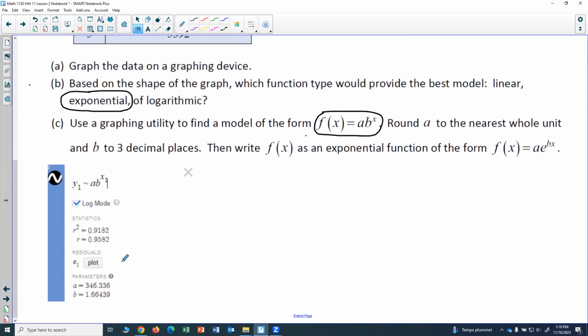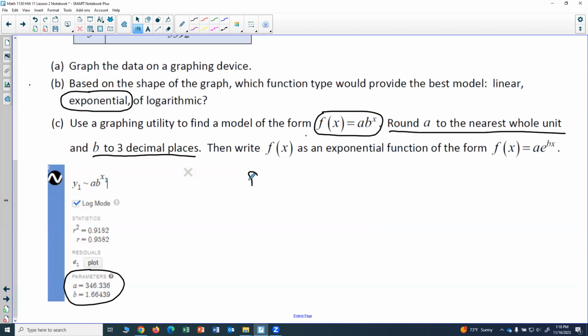Okay, so I have y1 equals a times b to the x1, and I see that a is 346 and b is 1.664. They say round a to the nearest whole unit and b to 3 decimal places.